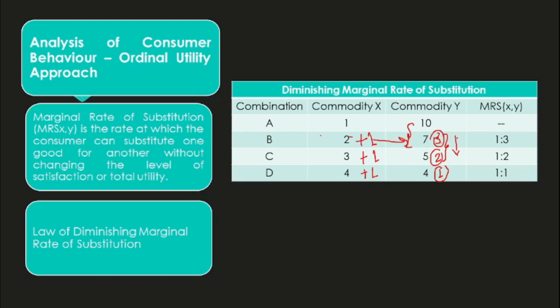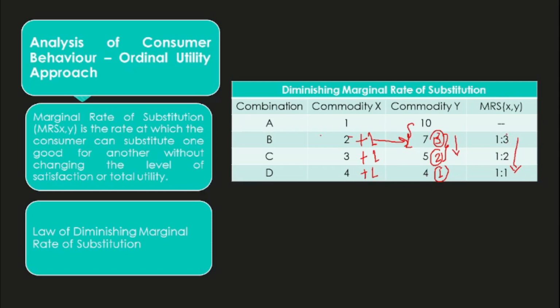So if we put this into equation form, we can see the marginal rate of substitution between X and Y. It is nil in the first case, then it becomes 1:3, 1:2, 1:1, which clearly indicates the rate of substitution is decreasing.